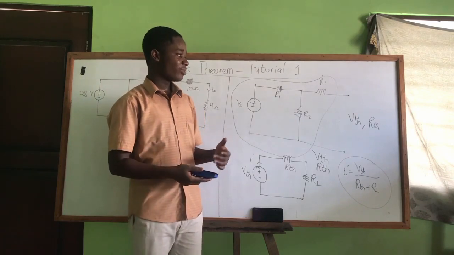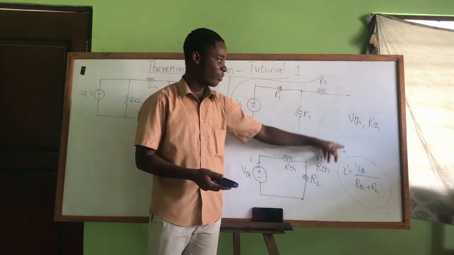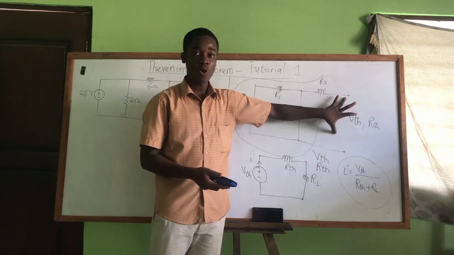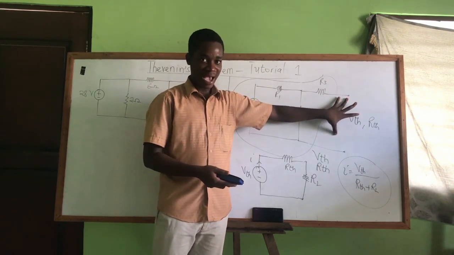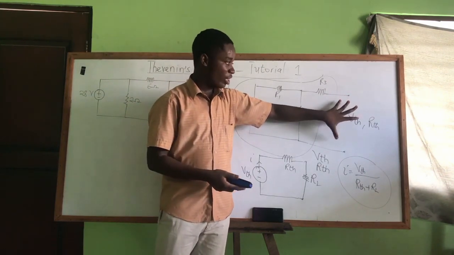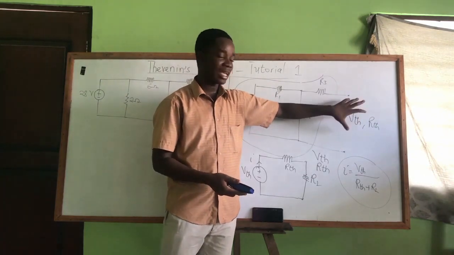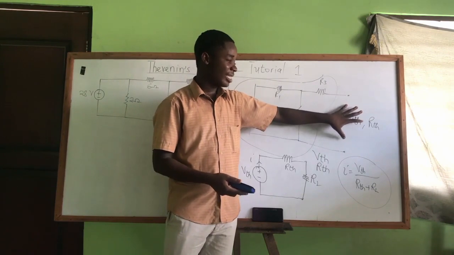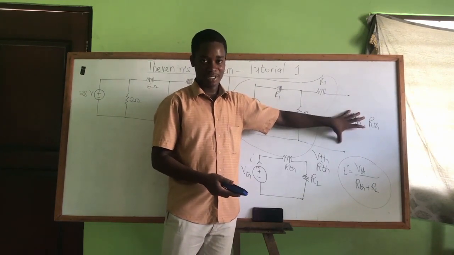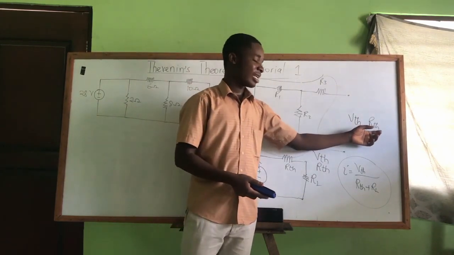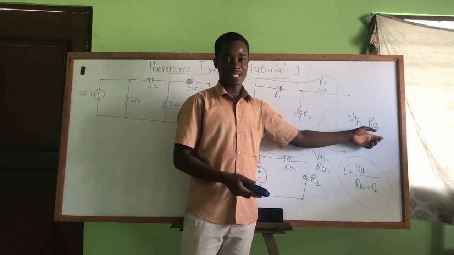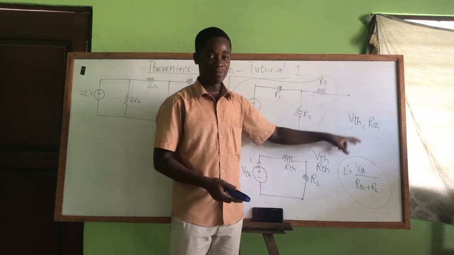It is an open circuit voltage because where we are going to find that Vth, that portion has been open circuited. You remember I said we remove the load from there. So if we remove the load, this portion becomes open and we are finding the Vth at that portion. So the Vth is an open circuit voltage. And the Rth is known as the Thevenin's equivalent resistance at that same open place.